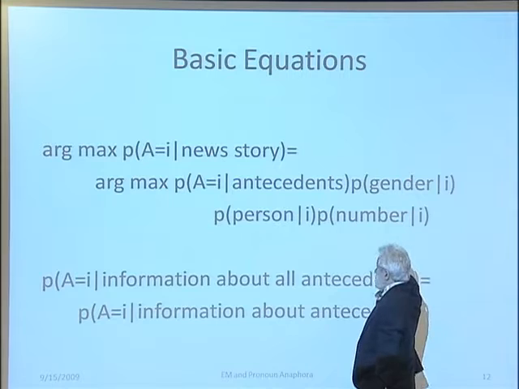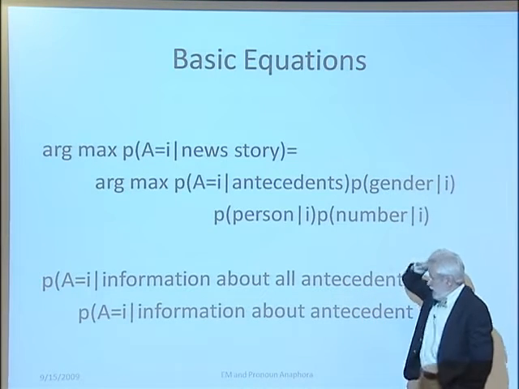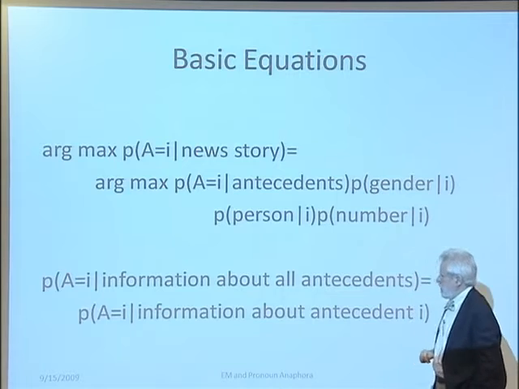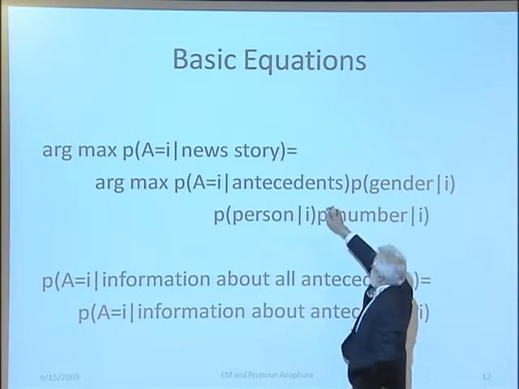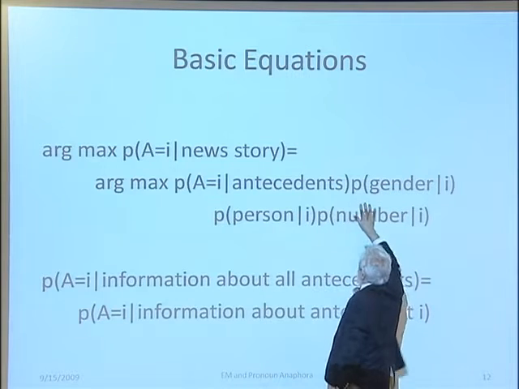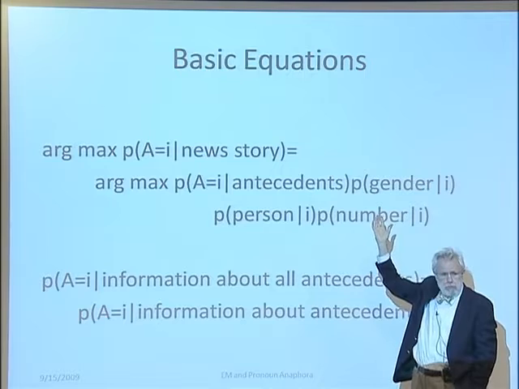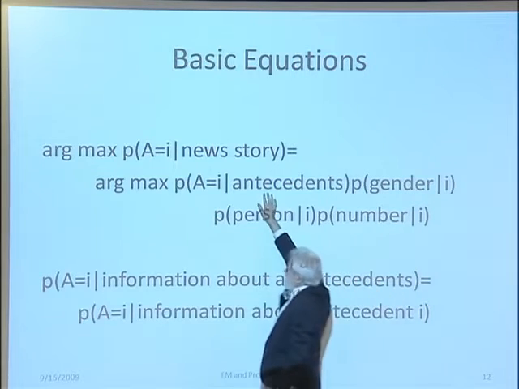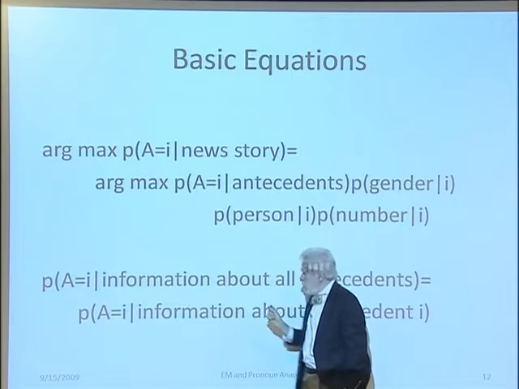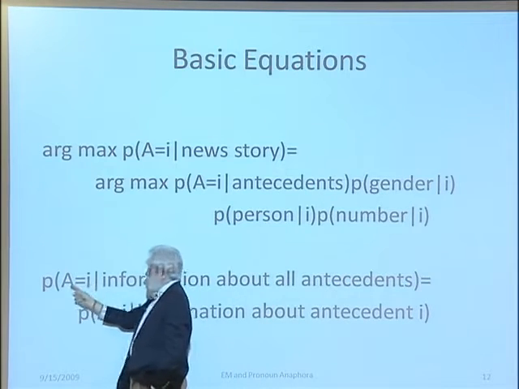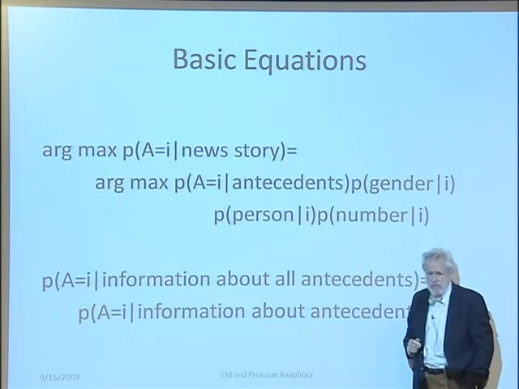In this, we are going to make one horrendous assumption, which is here. So I want to make this explicit. These probability distributions are fairly unobjectionable, and it's fairly intuitive what they mean. This one is not. What it ought to mean is, what is the probability that the antecedent is I, given all the information about all the possible antecedents?